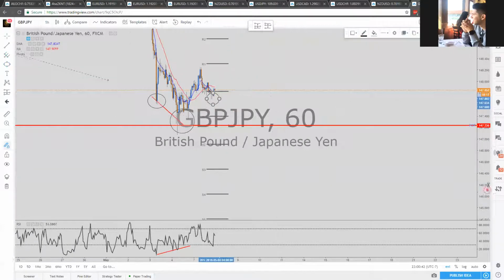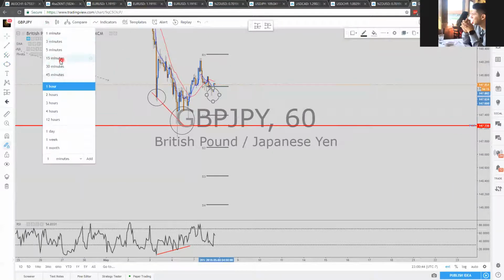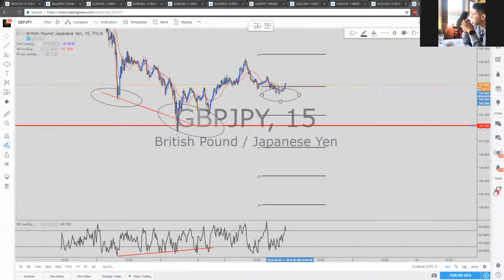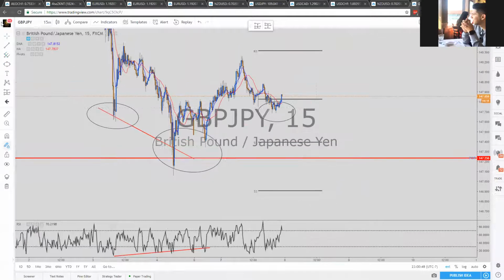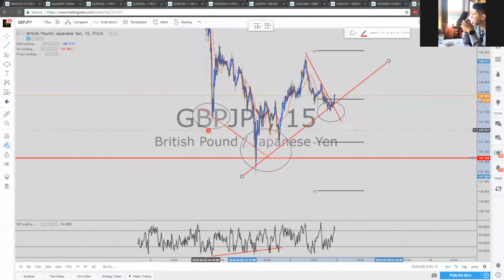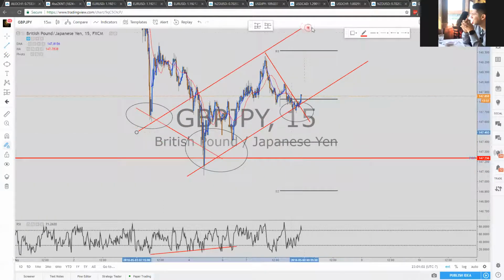It's above pivot point right now. If I go on the 15, you can see this resistance area, it's now above. So I think it's going to respect off of this right here. This channel going in an upward channel like this.